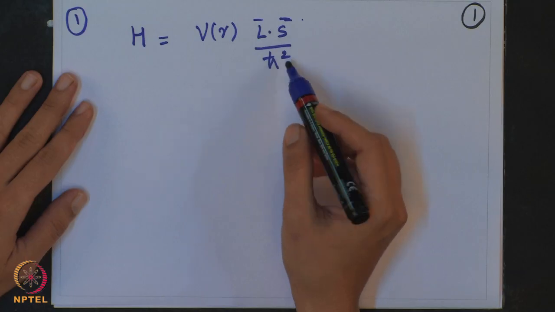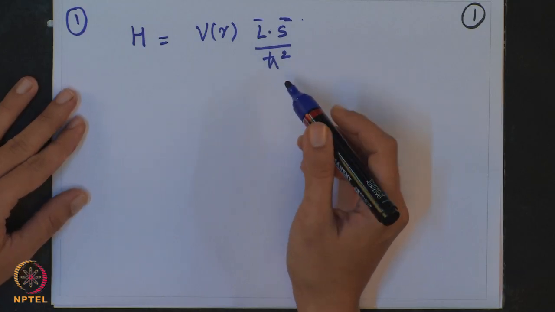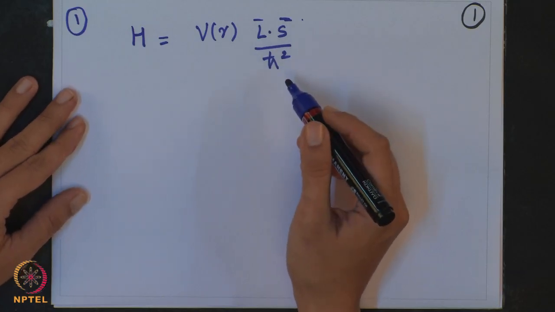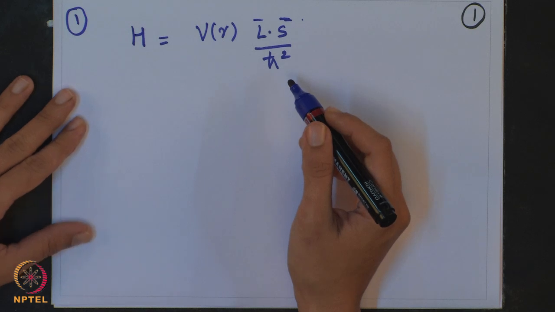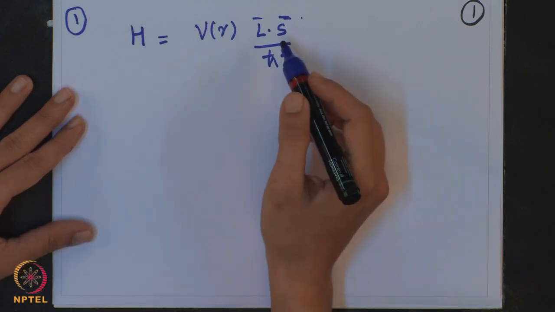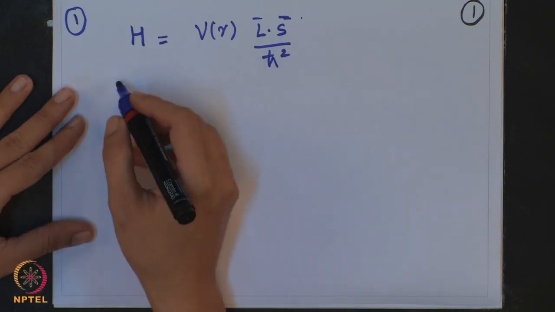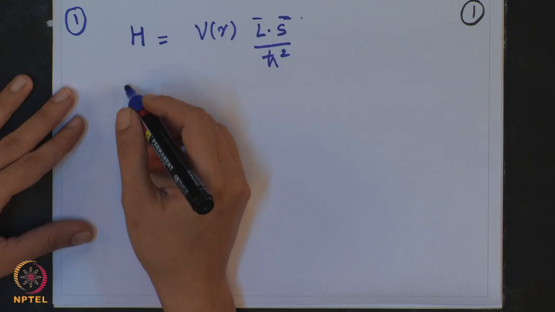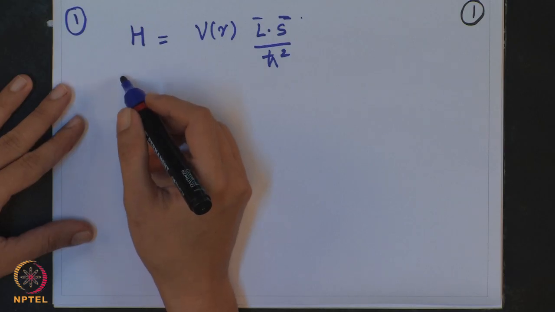And in this problem you are asked to find out the energy eigenvalues or the energy values for the coupled system. So, let us start by writing.